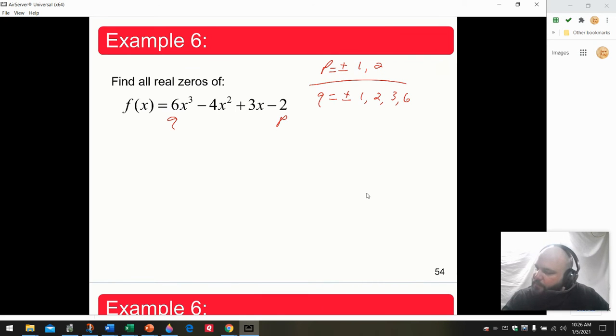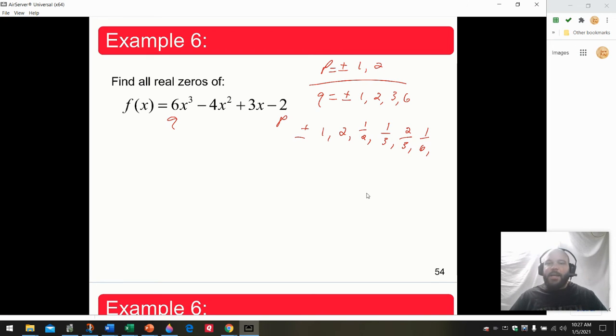The numbers are 1, 2, and then we have 1/2. 2/2 would be 1. We already have that listed. Then we have 1/3, and then we have 2/3, and then we have 1/6, and then we would have 2/6. 2/6 is 1/3. We already have that listed, so we don't need to list that again.